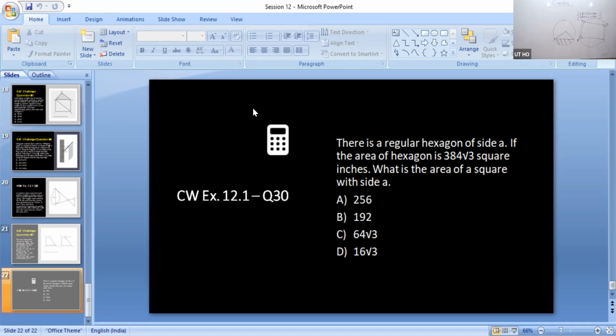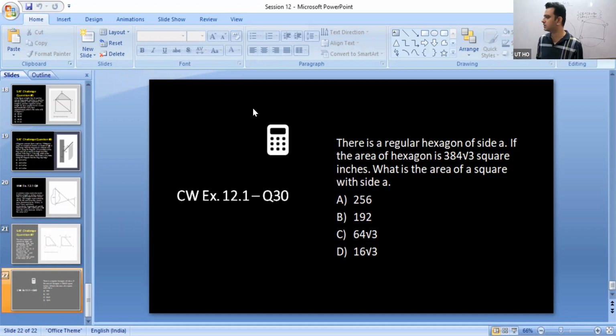So I think you know the formula for the area of a parallelogram. What is that? Length into width. Open your books once. This is actually just a revision, you know everything about area.